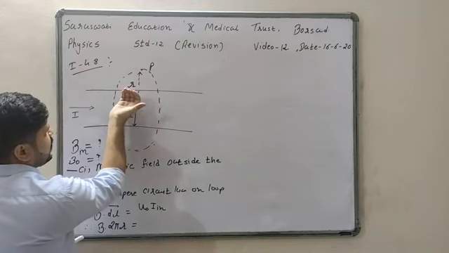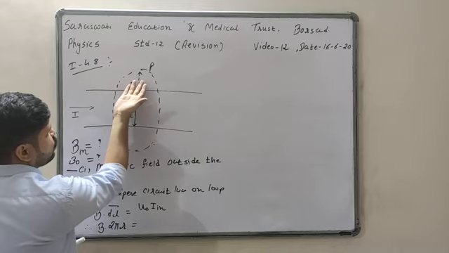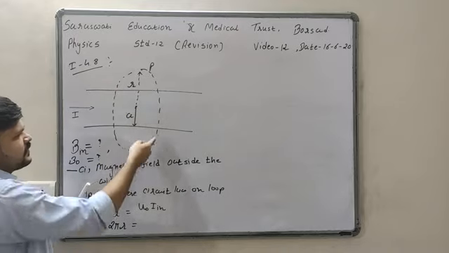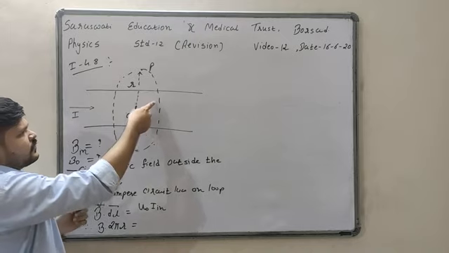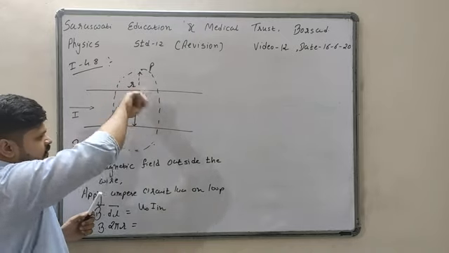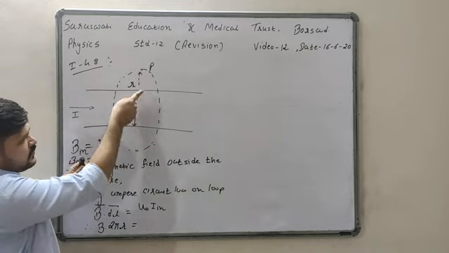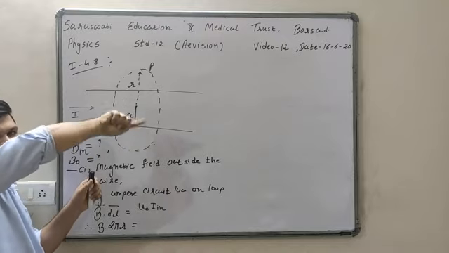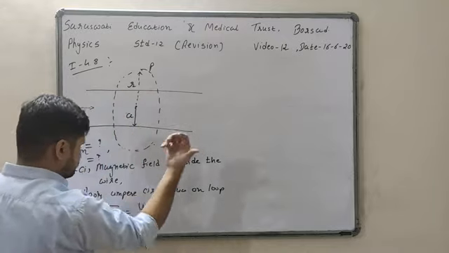So the magnetic field will be in this direction and the loop is also in this direction. In the figure we have shown this loop like this, but it will be like this actually. So the magnetic field and loop are both in the same direction.